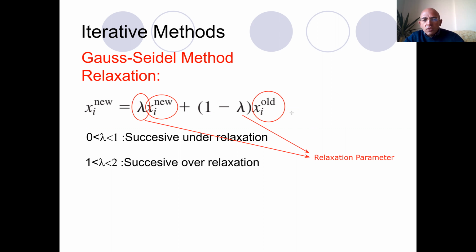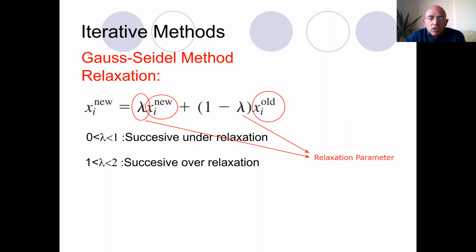And the point is this: we use the new value by using lambda. Now lambda can be chosen in different ways. If you choose lambda between 0 and 1, this is called successive under relaxation. Certainly your value for the next iteration will be between the new one and the previous one when lambda is between 0 and 1.